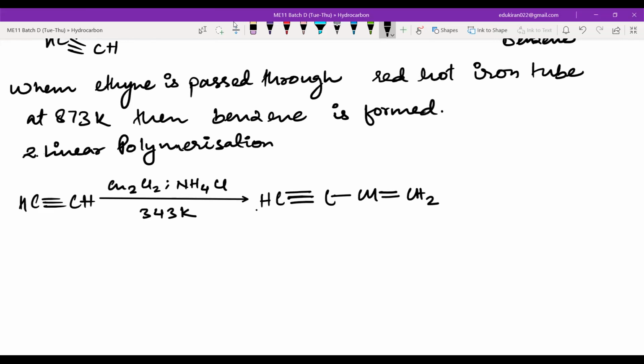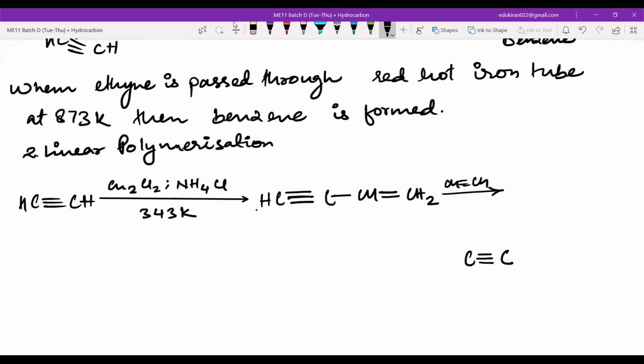Now, if you again react this with CH triple bond CH, then what will happen? This triple bond will be intact, and then you will be adding one molecule in this carbon atom, the CH2 molecule.